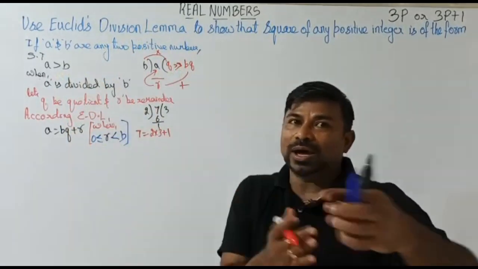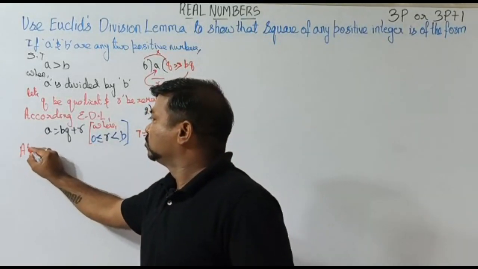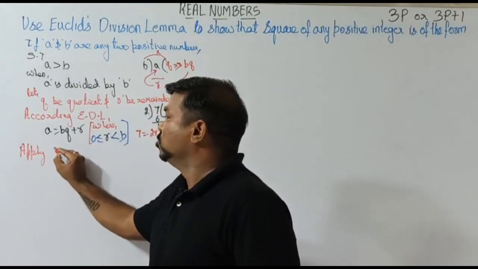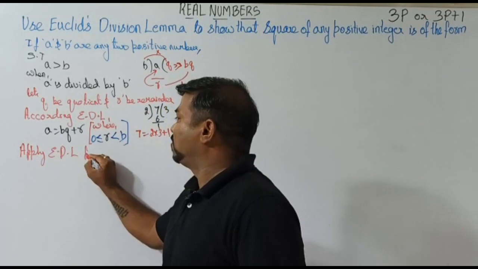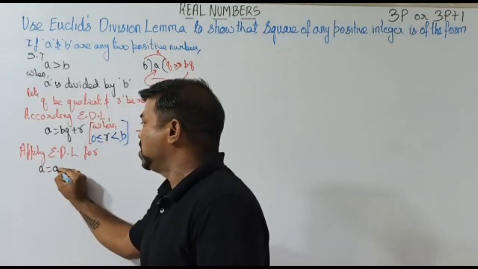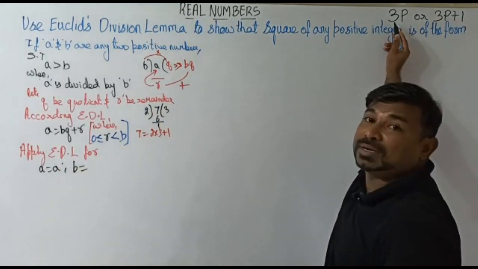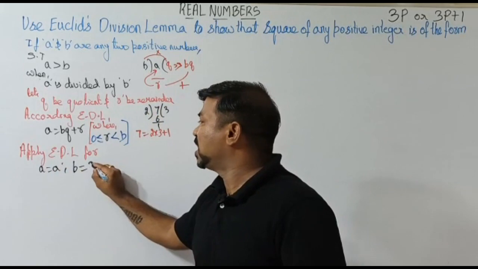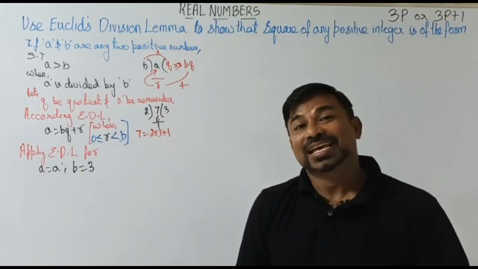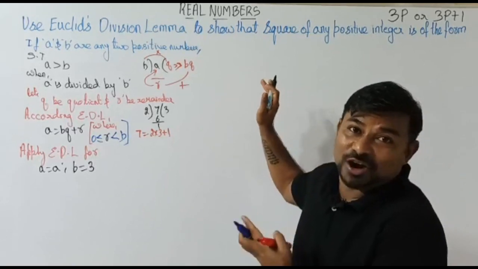Okay, let's apply this to the numbers he has given. Applying Euclid's division lemma, we take A as A only, but B as the number 3. Let's take the number 3 and check whether we get the form we want.